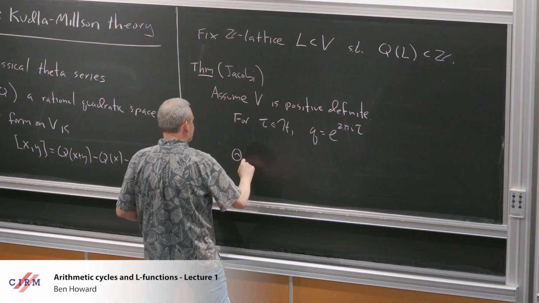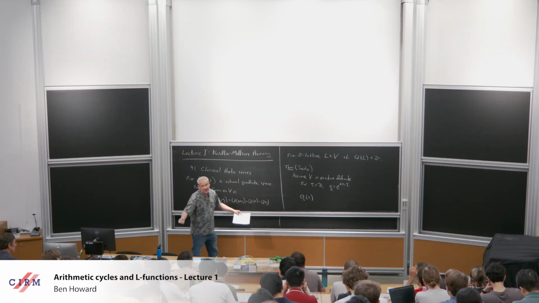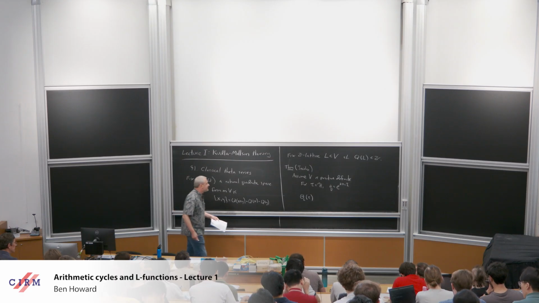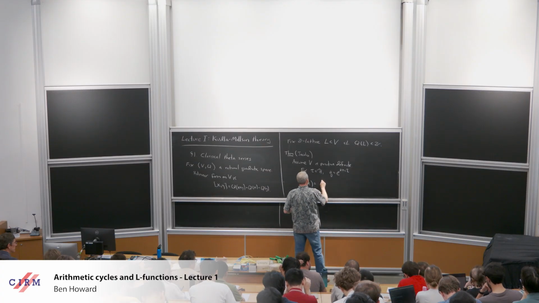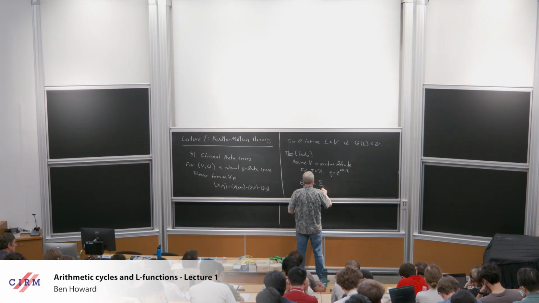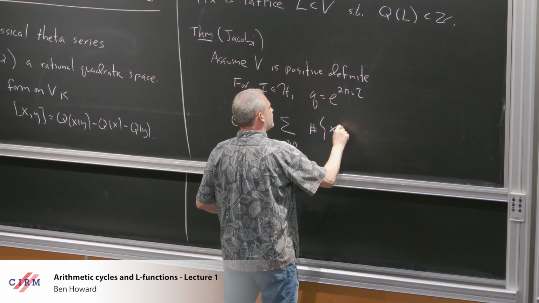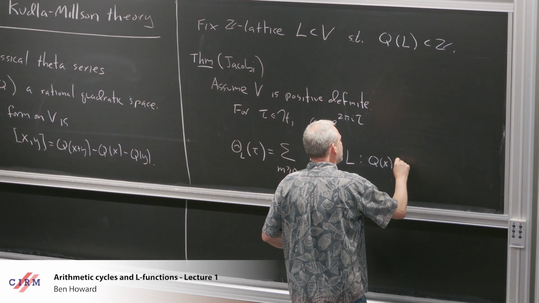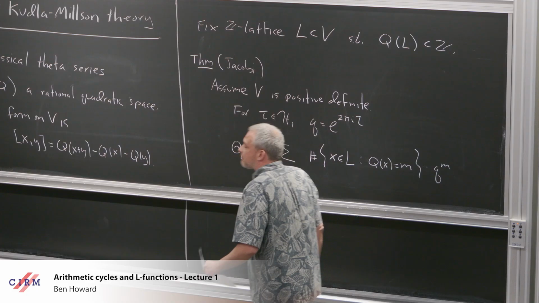The theta series associated to the lattice, you just form the formal q-expansion whose coefficients count how many times your lattice represents a given integer. So theta_L of tau is going to be the sum over m greater than or equal to 0 of the number of lattice vectors of norm m times q to the m.